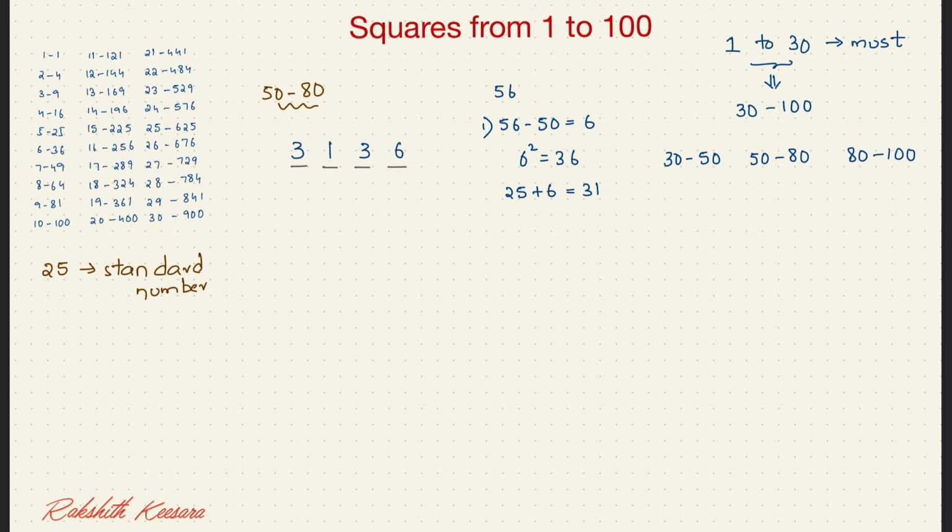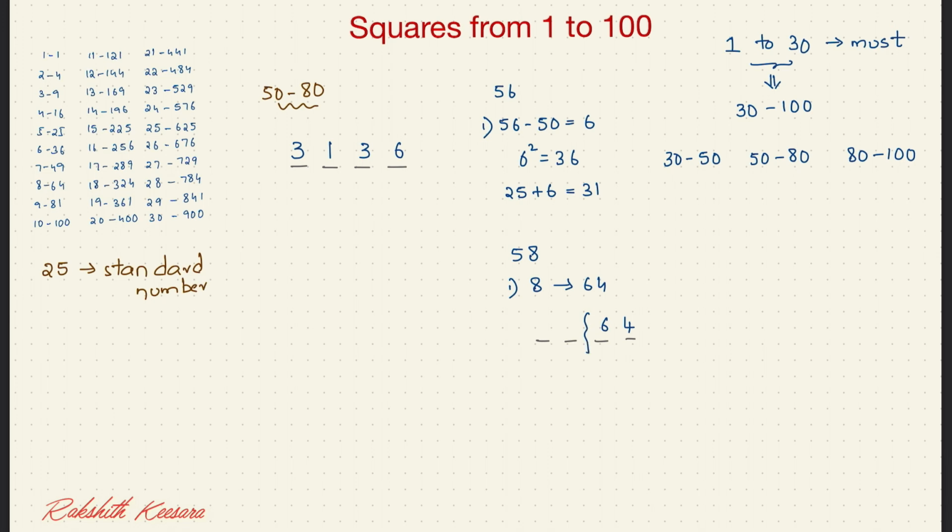Now let me take another example. Let us say 58. 58 is greater than 50 by 8. 8 square is 64. So there are 4 digits, and the last two are 64.